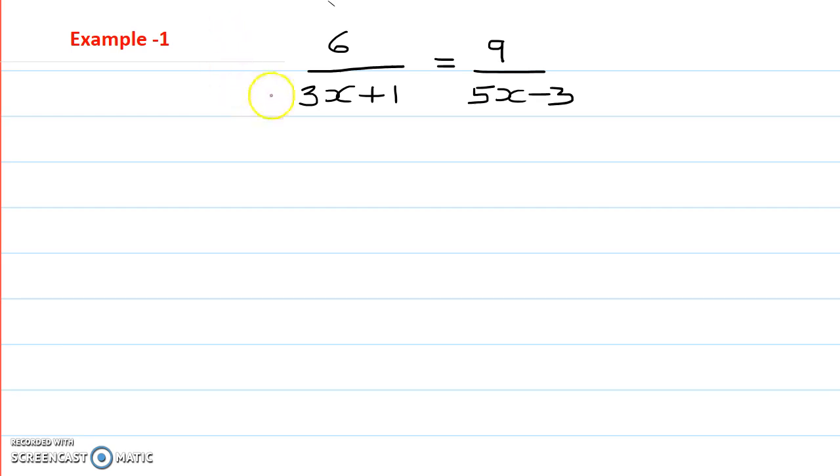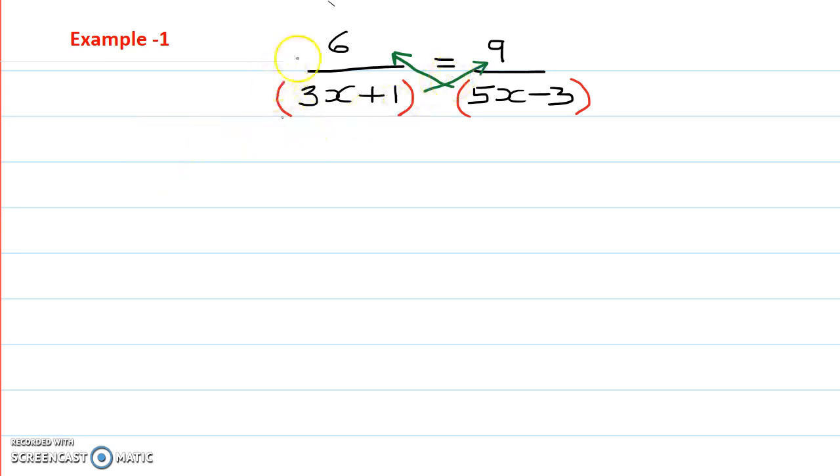First thing you need to do, you put 3x plus 1 in a bracket, and 5x minus 3 in a bracket. And then we are going to do cross multiplication. 5x minus 3 we multiply with 6, and 3x plus 1 we multiply with 9.